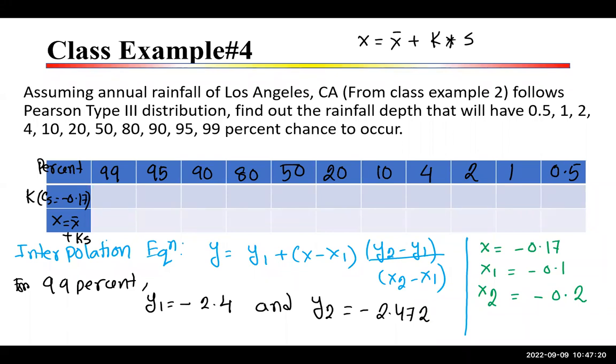Anyone else got close to that? 2.2. Yes, that should be negative 2.45 or 44 or close to that, because there is no way you can get negative 2.22. The limit is 2.4 and the limit is 2.47. So it has to be within this number.